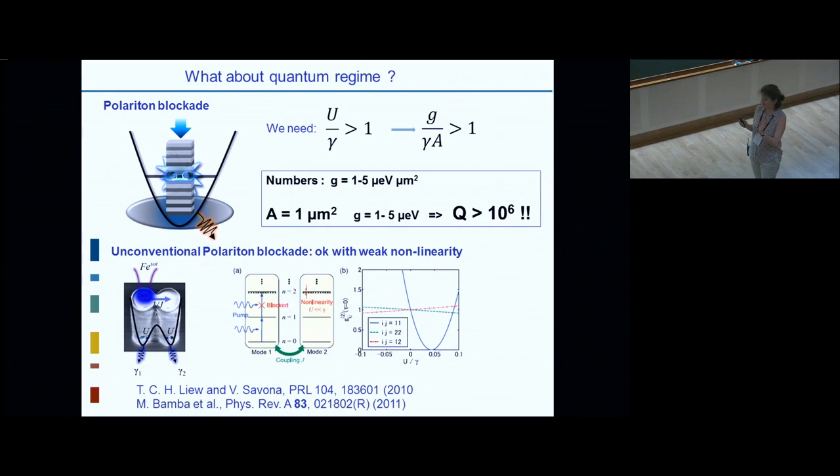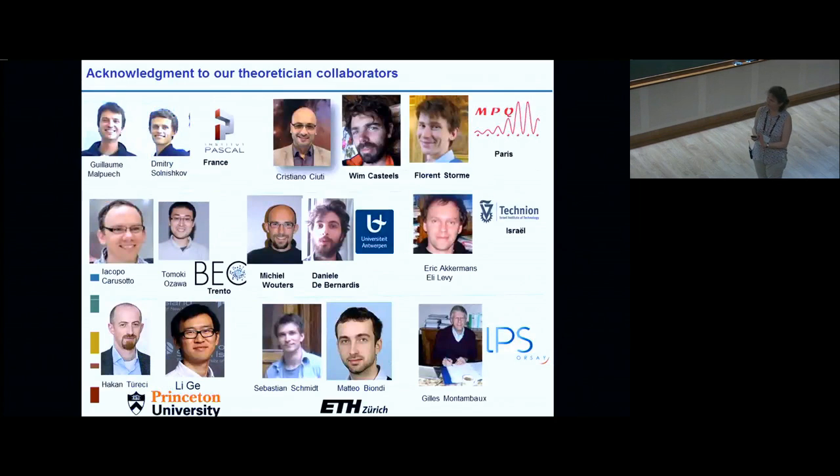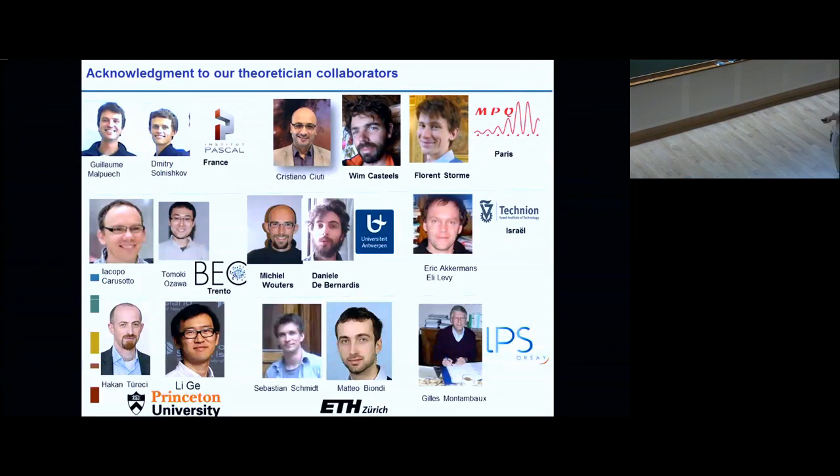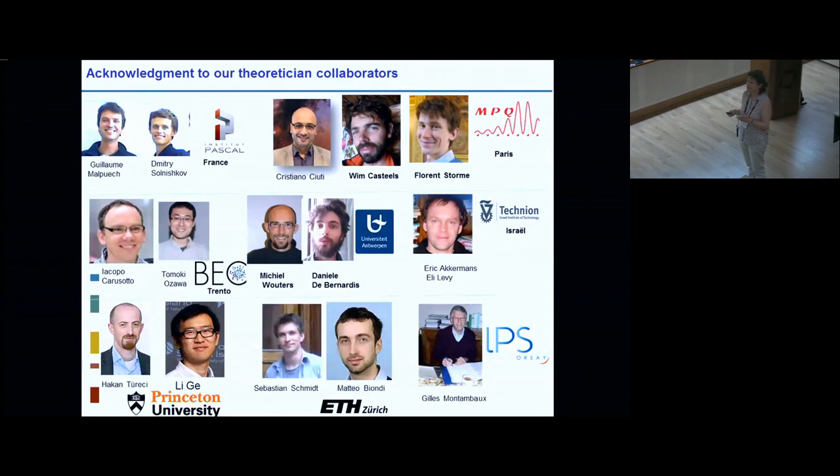So with this, before finishing, I would like to thank all the people with whom I got the chance to work along the years. As you can imagine, we absolutely need our theoretician collaborators. So we have been collaborating with quite many different people depending on the different subject we were addressing.